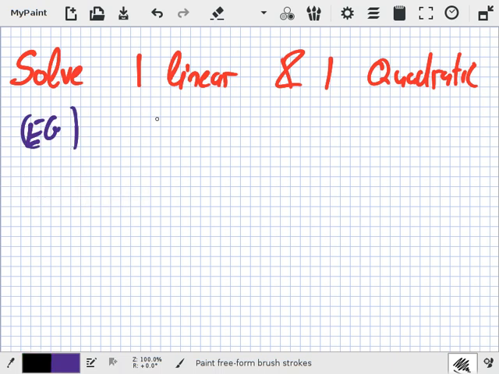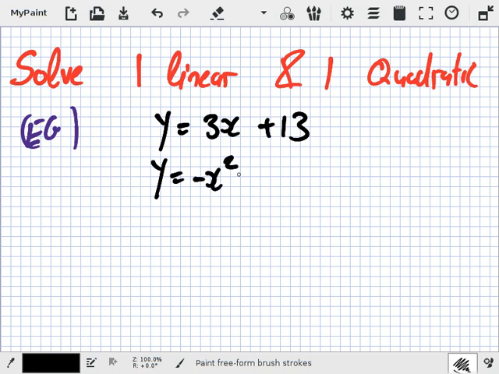So y equals 3x plus 13. And then y equals minus x squared minus 7x minus 8. So actually for solving these types of problems, unlike the simultaneous, we don't have a choice of methods. There really is only one method we can use here. I wonder if anyone knows what that method is.